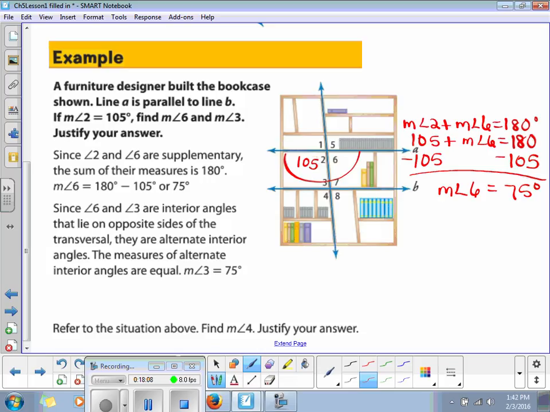Now, if the measure of angle 6 is 75 degrees, then we know that the measure of angle 3 is also 75 degrees because angle 6 and angle 3 are alternate interior angles. They are inside the parallel lines and they are on opposite sides of the transversal.